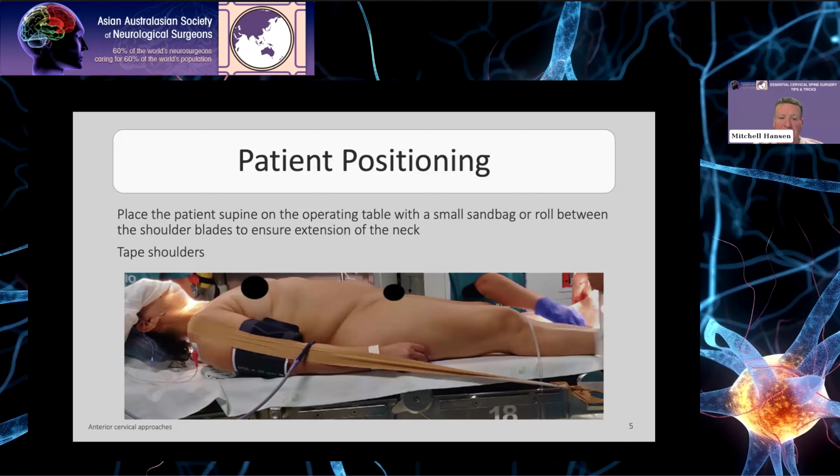I generally tape the shoulders for all procedures just to help with the radiography. And I keep the head in a neutral position. Some people turn the head away to relax the SCM muscle, but I don't find it too much of a problem to get in.